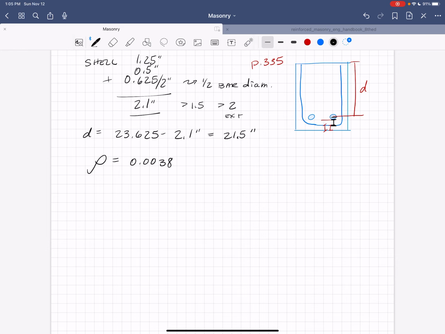There's not in the code any specified AS min. Okay, so no required AS min, and these are really lightly reinforced typically.